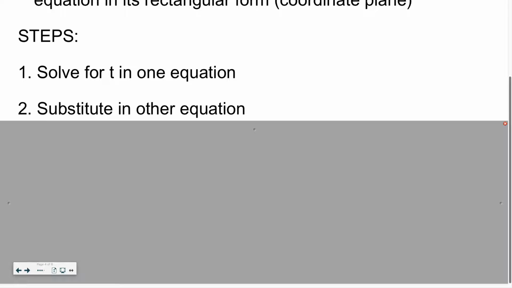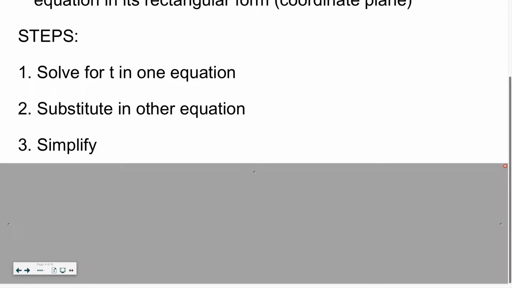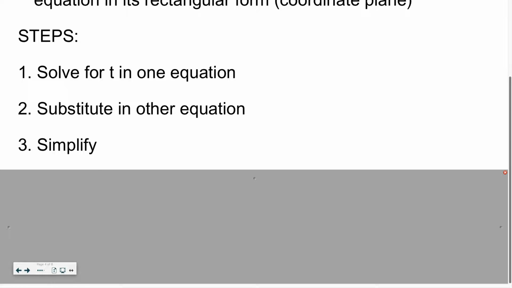Essentially we have two equations with the same unknown. Solve for one, throw it into the other, and then make it look pretty. Okay, simplify it. Whether it's some sort of quadratic and solving for y would look nice, or maybe it's some sort of conic and you know the standard form of a conic. Okay?